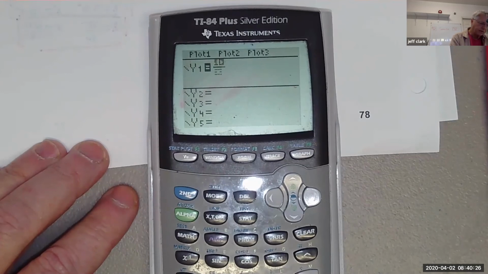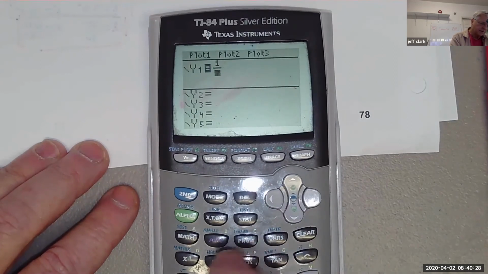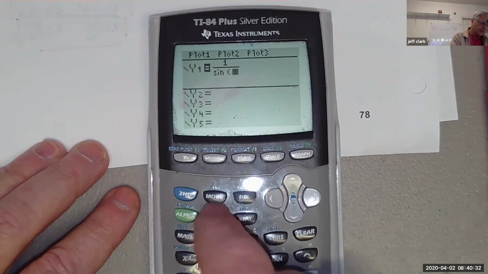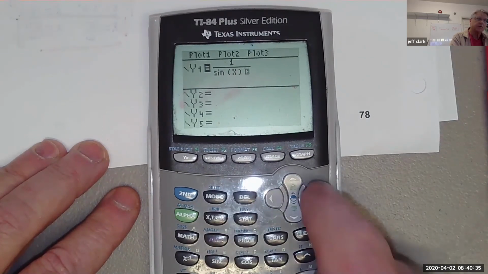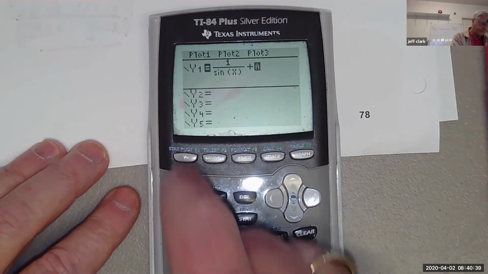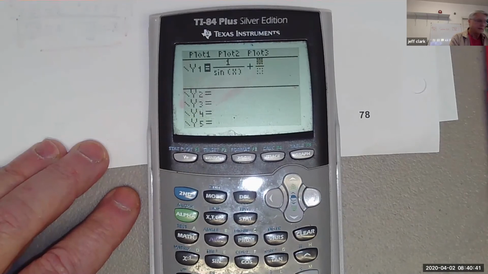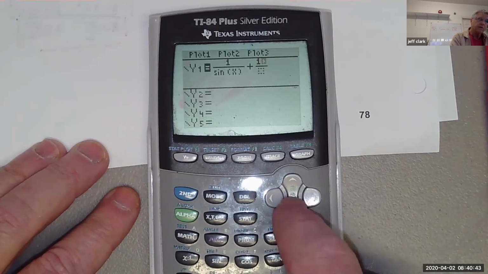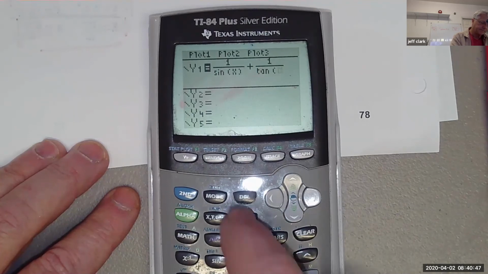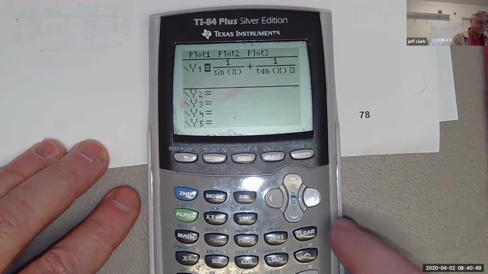Okay, so 1 over sine x, close the parentheses, scoot over. Okay, I think I got it now, plus 1 over tan, and then subtract 1.